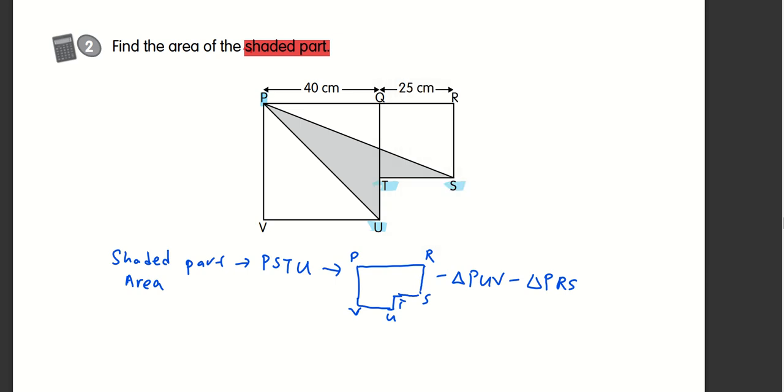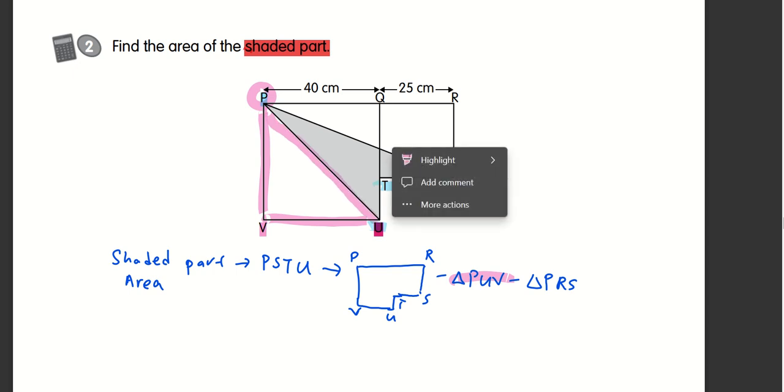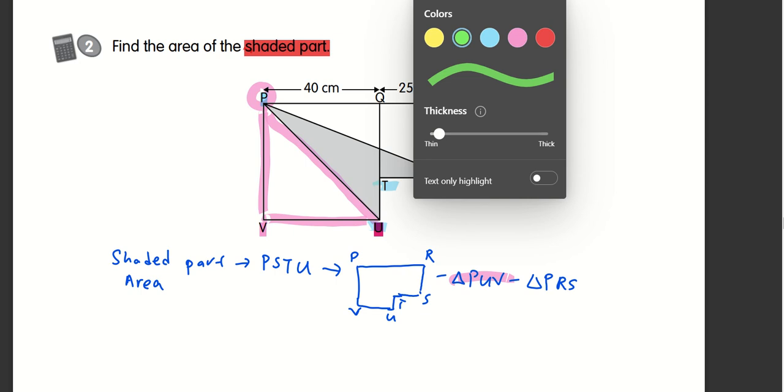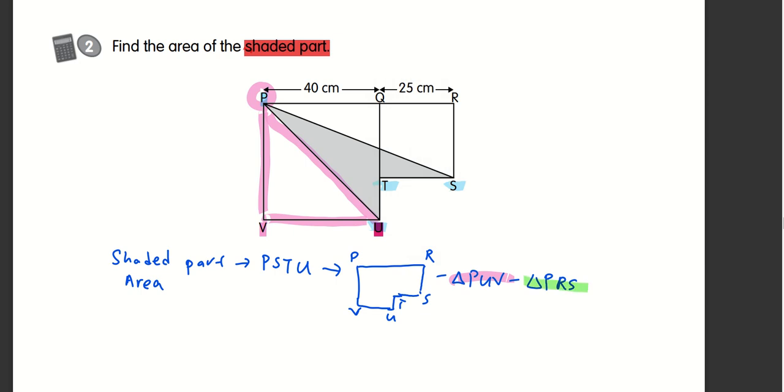Triangle PUV, so P, U, and V. You can use your highlighter on this so you can see the shape better. And the other triangle, PRS. It's this one that goes across the two squares.